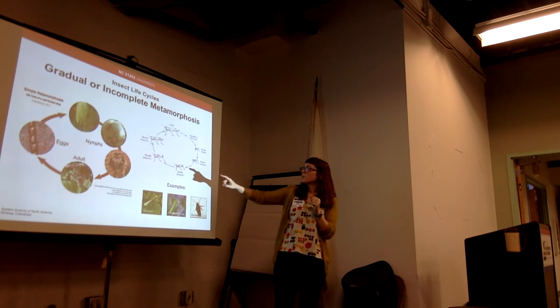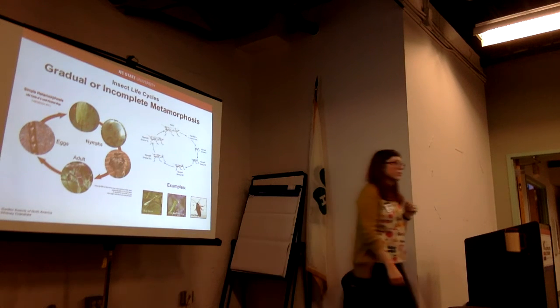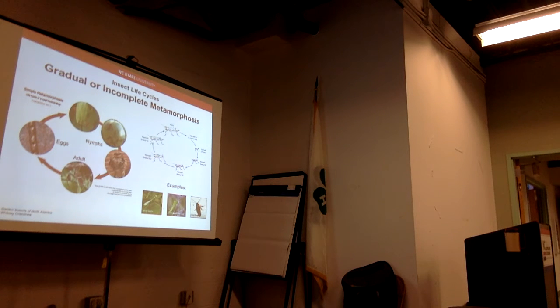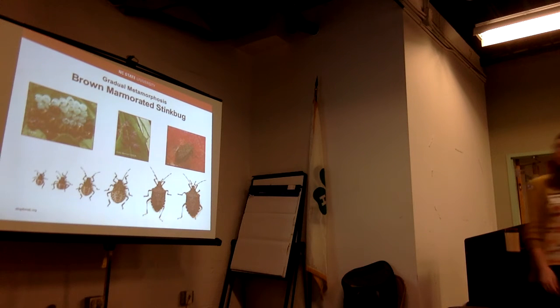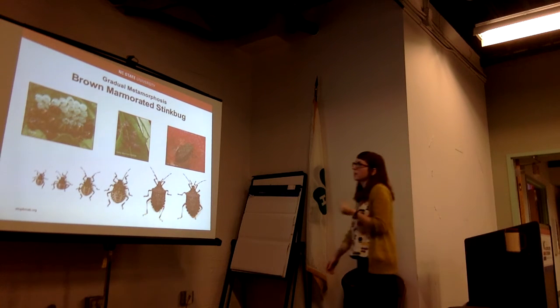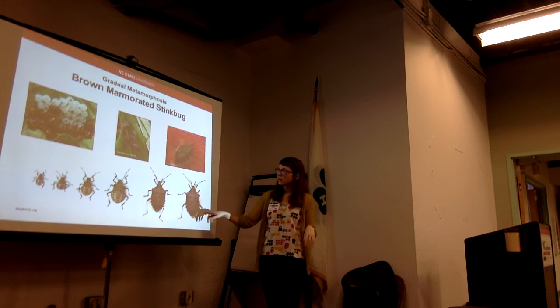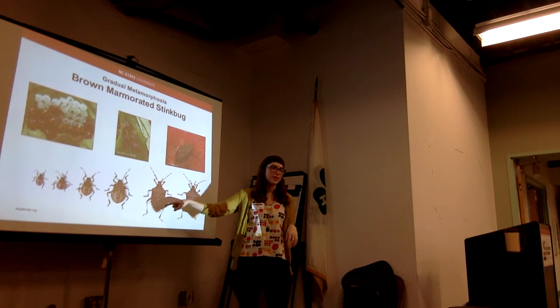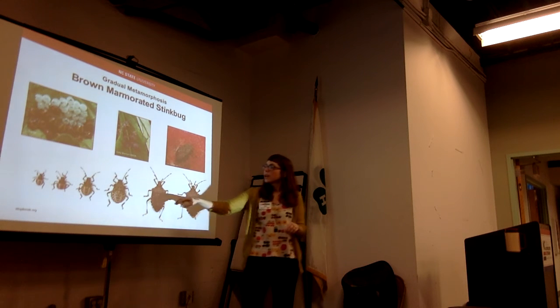So again, you can see the exoskeleton is super helpful, super important, allows them to protect themselves, but is also limiting, and it's something that they really have to plan around. This is kind of a more up close and personal example of that with this stink bug. Again, don't be confused that he looks like a little five-sided critter. He is an insect.